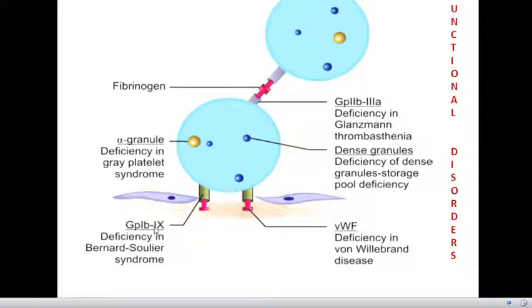We have the GP1B9, which is the receptor for von Willebrand factor, and this deficiency will be found in Bernard-Soulier syndrome, which will be followed by von Willebrand disease. And we have the alpha granule deficiency in gray platelet syndrome, and deficiency of dense granules, that is storage pool deficiency.